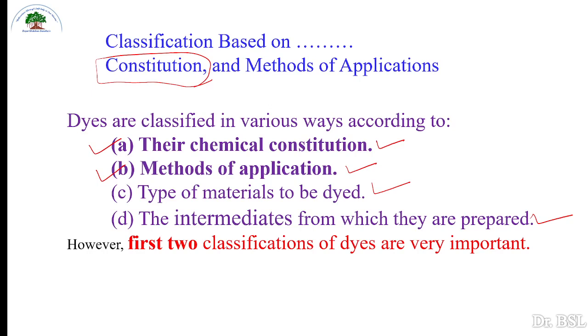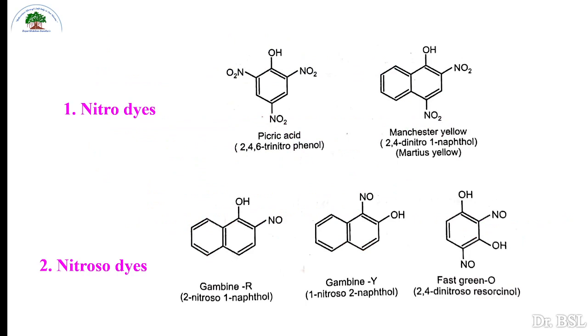So first method is classification of dyes based on chemical constitution. So first type or class of the dye, that is nitro dyes. So these are the examples: picric acid, Manchester yellow.